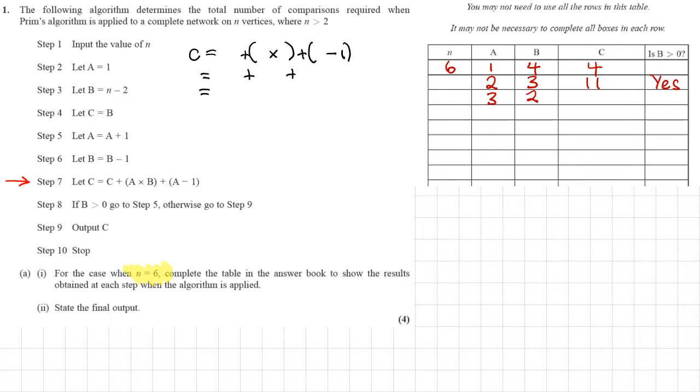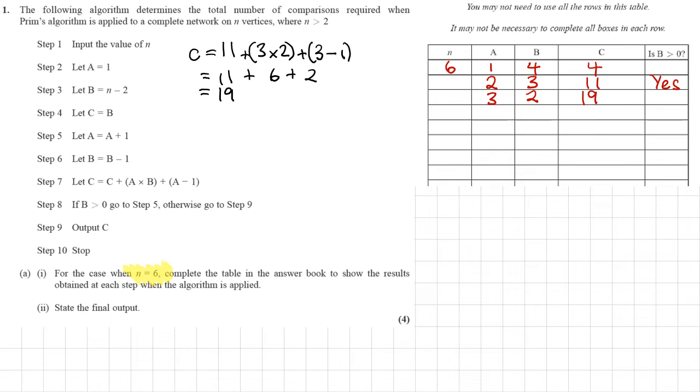So c is now 11. A and b, they are now 3 and 2. So 3 times 2 is going to give us 6. And a, that's 3. So we get 11 plus 6 plus 2, which gives us 19. So now c has a value of 19.